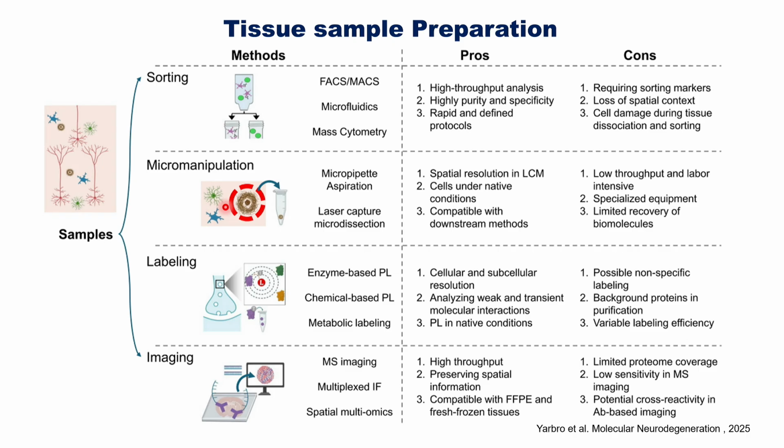Then the last thing is spatial proteomics. I do not say proteomics because till date we are not doing full proteomics on the spatial, but still people say it's proteomics because we are moving towards it.